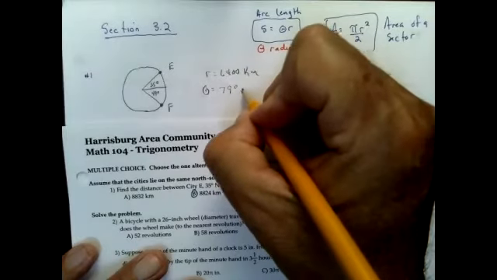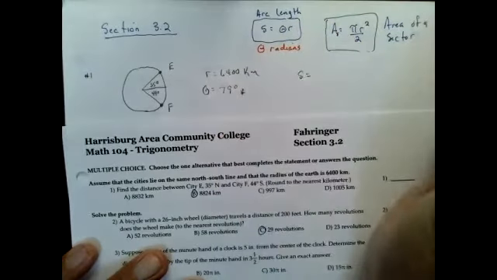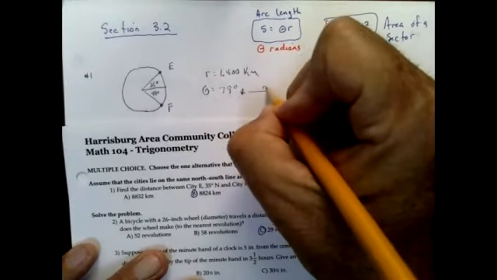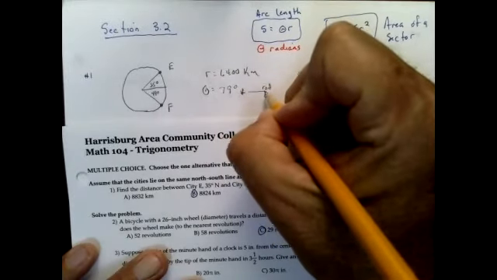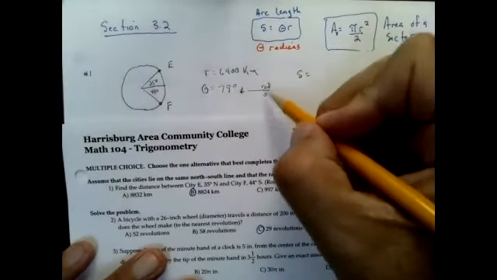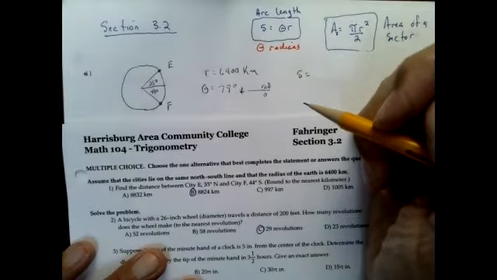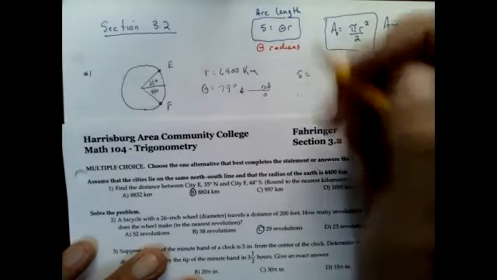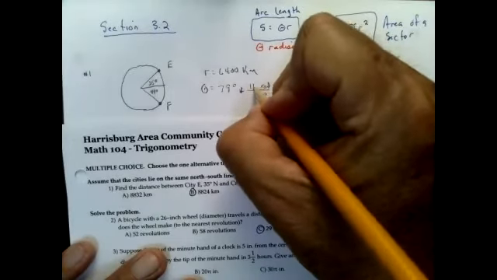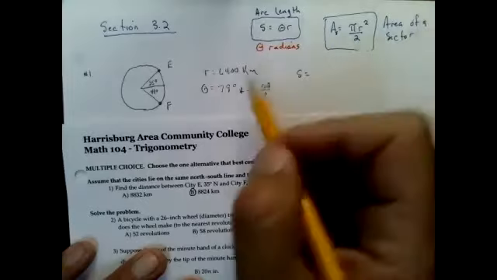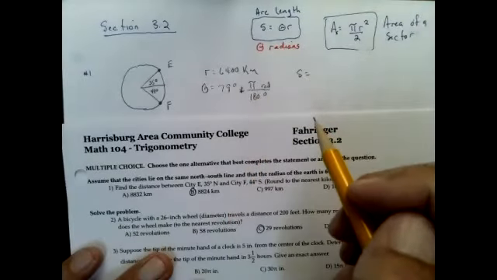Section 3.1 was doing a conversion between radians and degrees. What fraction would I use here? Pi over 180 degrees. They were the same because we learned that 2 pi and 360 were the same.